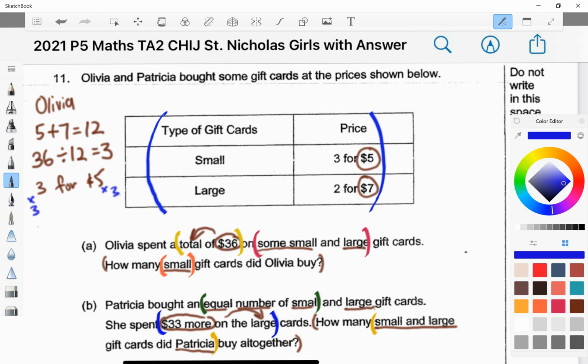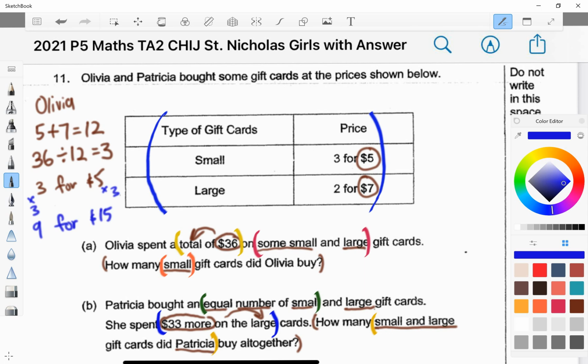And having done that, we know that Olivia must have bought 9 small for a total of $15. And she must have also bought 3 sets of large, and she would definitely spend $21 on the large.